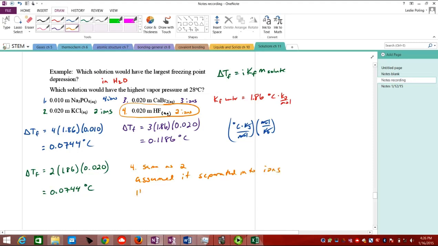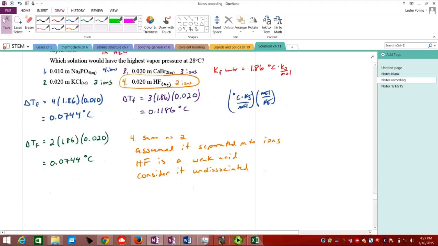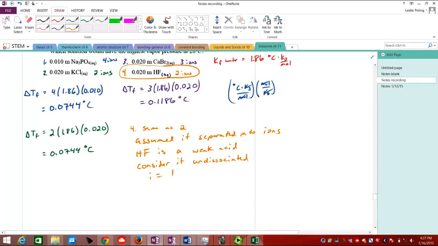However, HF is a weak acid. So we would consider it undissociated, which would mean that the i, the Van't Hoff factor, would be 1.